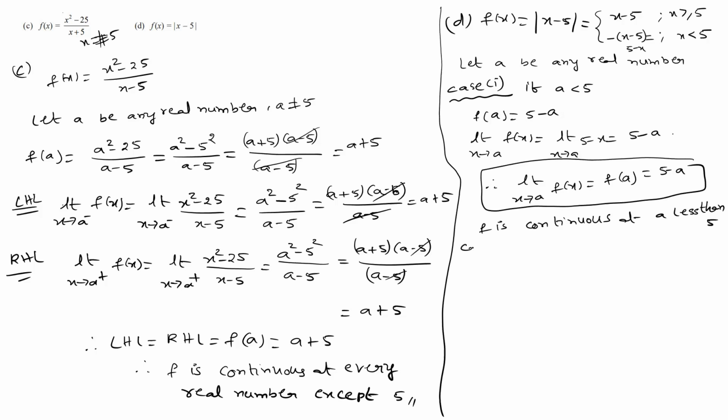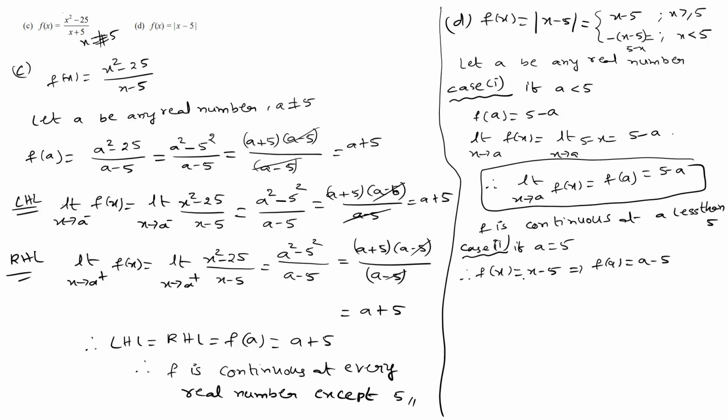Okay. Next, case 2. Case 2 is we are taking exactly a is equal to 5. If a is equal to 5, we'll get exactly the same, x minus 5 only. Therefore, f of x is equal to x minus 5, which is nothing but f of a is equal to a minus 5 only.